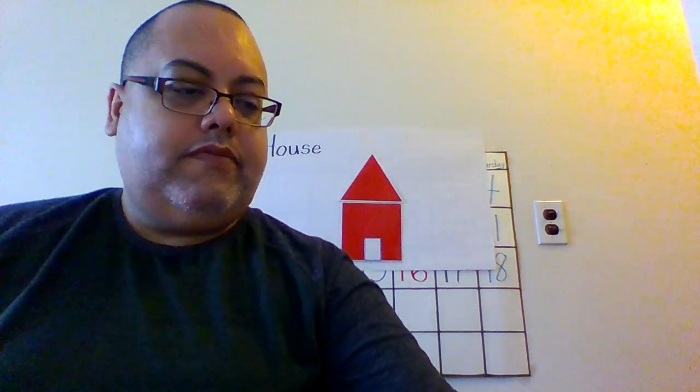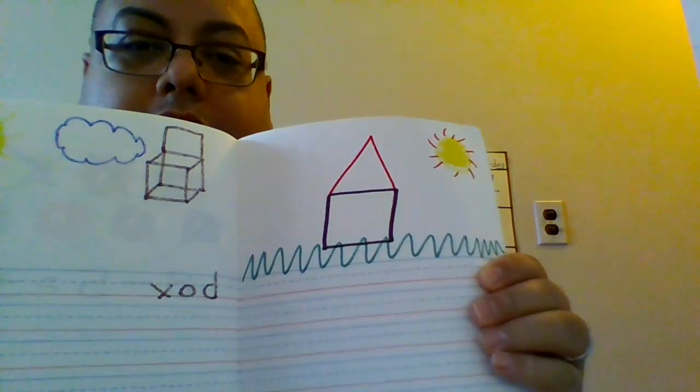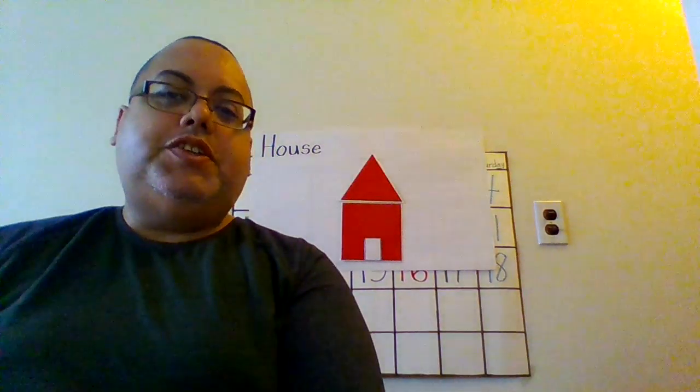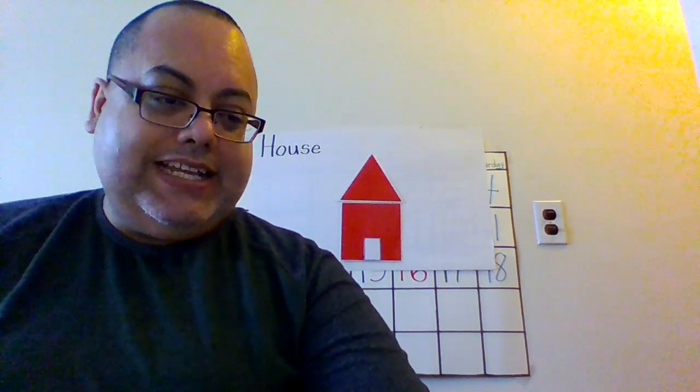And I wanted to be able to have a better way of illustrating for you what it is that we want you to do in math. Math today is combined with drawing or writing. So you're going to be doing a little bit more writing than usual on your journal.